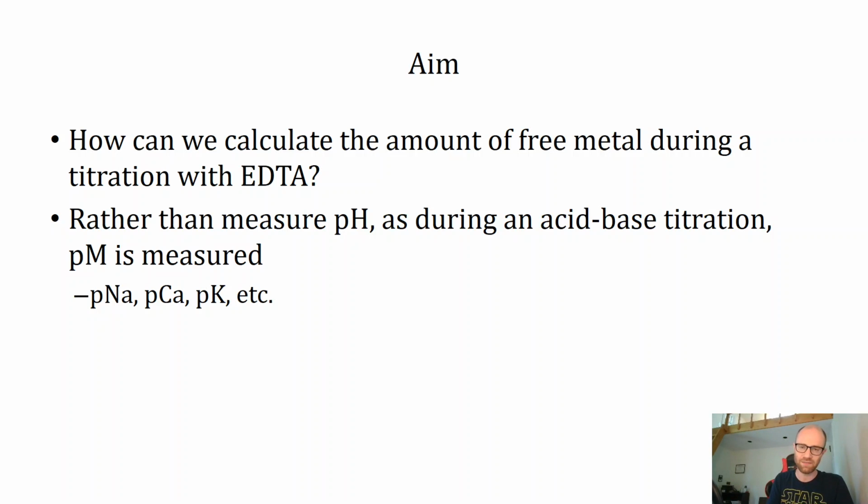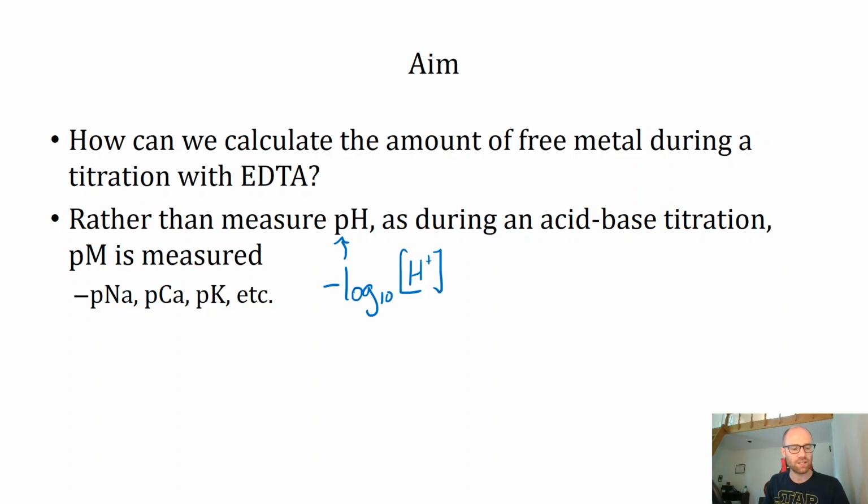The biggest difference, the first thing to talk about, is that instead of measuring pH at each of these points during the titration, we're going to be measuring pM. And keep in mind, of course, that the lowercase p is just an operator, which means negative log base 10 of whatever you're talking about. So hypothetically, it's possible to take the negative log of anything.